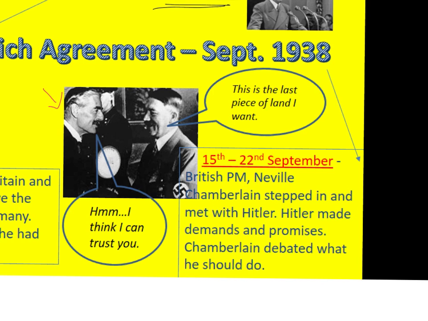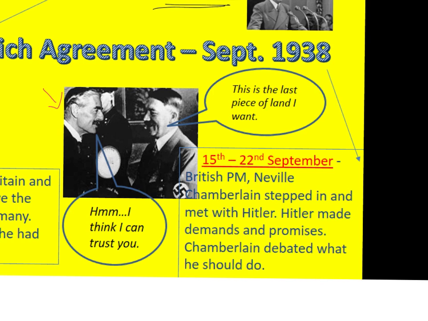Now, when they met over a week, Hitler made many demands and promises, and Chamberlain was very torn on what he should do. He could either give in to Hitler and give him what he wanted, and to an extent, many people in Britain did think that Germany deserved the Sudetenland back, like they deserved the Rhineland back and to rearm. Or, did he stand his ground, and if he did stand his ground, then war could happen.